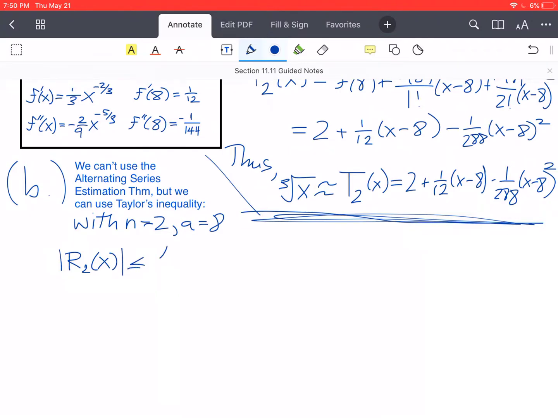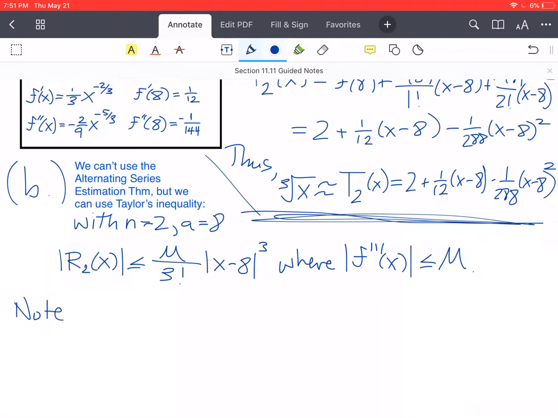That's less than or equal to M over n plus 1 factorial, so 3 factorial, times the absolute value of x minus 8 cubed. Okay, and this is where the absolute value of f triple prime of x is less than or equal to M, the n plus 1th derivative. So in this case, that's the third derivative.